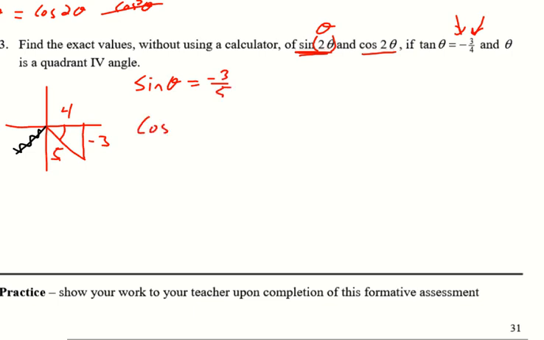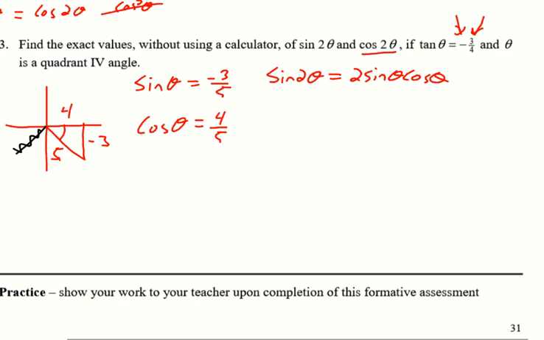And cos theta is equal to 4 over 5. Okay, so now we are going to rewrite sine 2 theta. So sine 2 theta is equal to 2 sine theta cos theta.